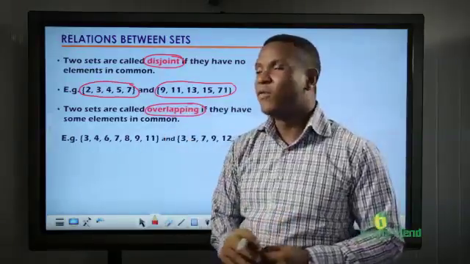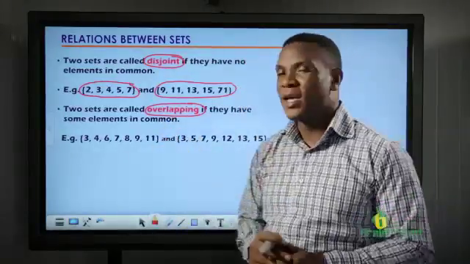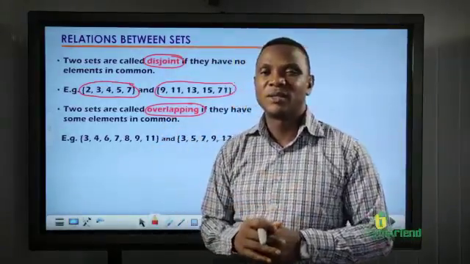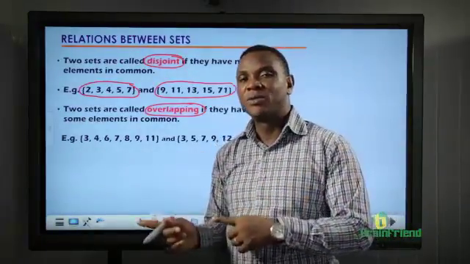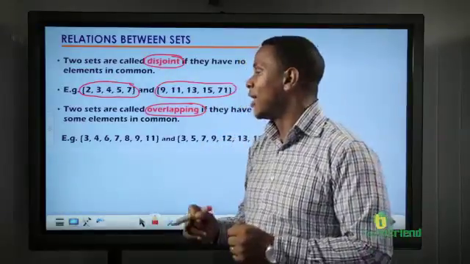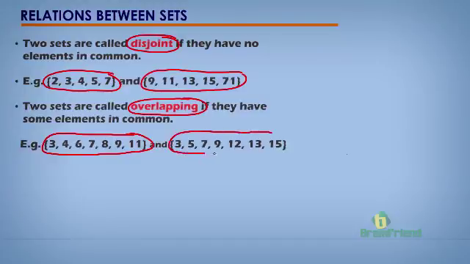Let's take a look at another relationship that exists between our sets. The concept of overlapping is an occurrence that happens when two sets have only some elements in common. That is, some of the elements present in one of our sets can be found in the other set. For example, if we have a set that has as its elements 3, 4, 6, 7, 8, 9, and 11, while we have another set that has elements 3, 5, 7, 9, 12, 13, and 15.